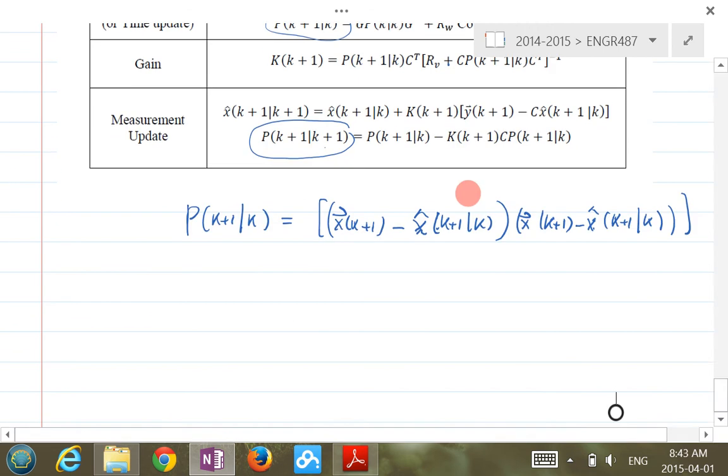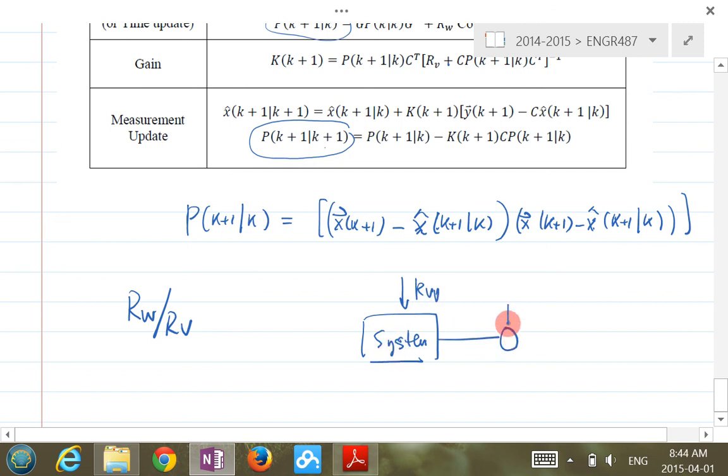So let's think about that. RW over RV, right? This is the process noise. This is the sensor noise. If you recall that diagram, system noise or process noise is the noise that goes into the system here, right?